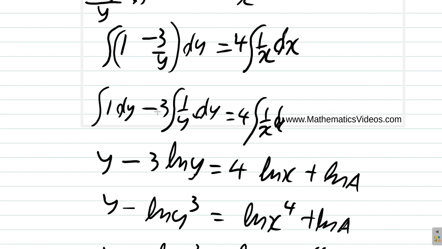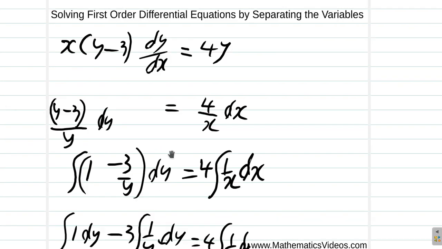So I break this up into integral of 1 dy minus 3 integral of 1 over y dy. You don't necessarily have to break this up. You could do the integration inside the bracket. So what we have is y minus 3 ln y equals 4 ln x plus a constant, which can be ln a, whatever a is, right?